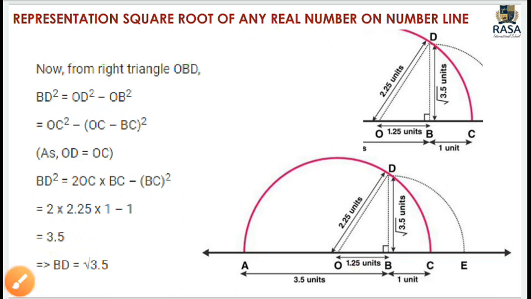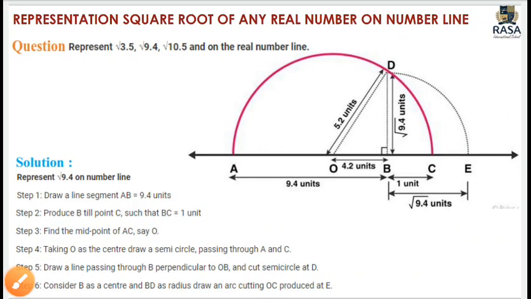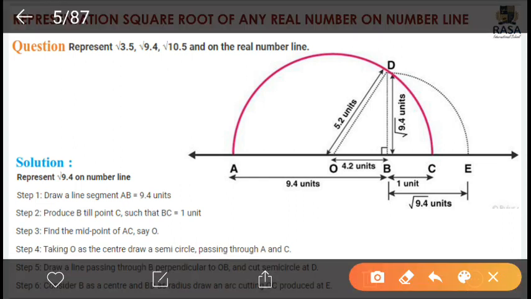In a similar manner, we can do other questions also, like representing root over 9.4 on the number line. Here you can see that the same steps are carried out, but the value has been changed from 3.5 to 9.4. So let us see how it works.